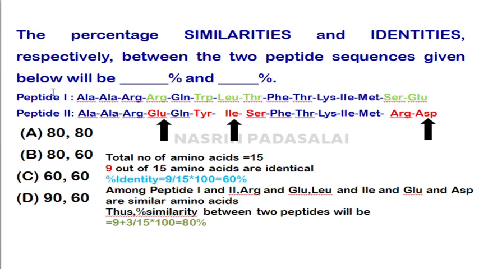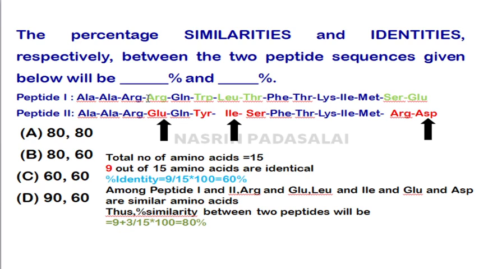Next, if you take arginine in peptide 1 and glutamine in peptide 2, they are not identical, but they are similar amino acids. What is meant by similar amino acids is that they have a similarity in their structure. So that's why they are called similar. Same if you take leucine in peptide 1 and isoleucine in peptide 2, both are similar.